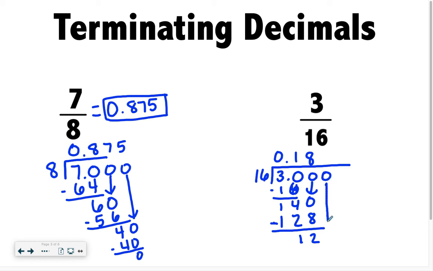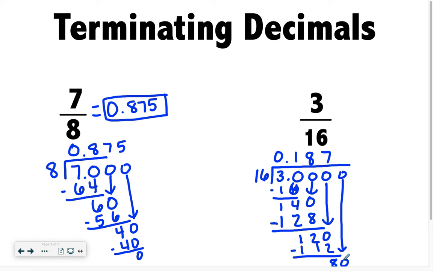So I've got to keep going. I know this is a terminating decimal, so I know I'll get to an end at some point. 16 can go into 120. I'm going to guess 7 times, right? Because 16 times 8 was 128. So 7's probably a pretty good guess. 16 times 7 is 112. And if we subtract those, that is an 8.